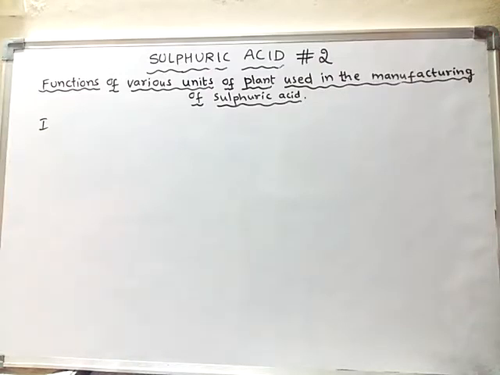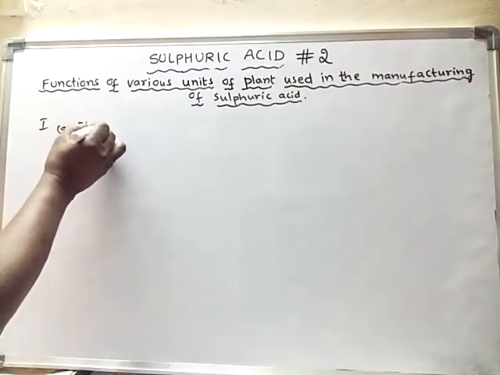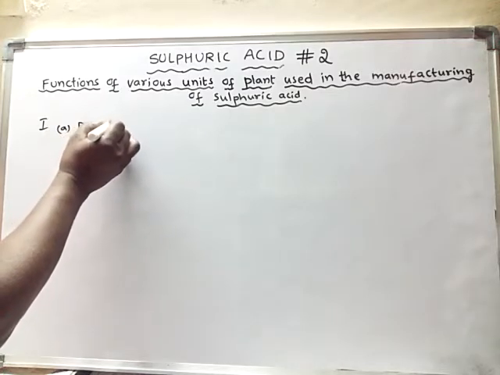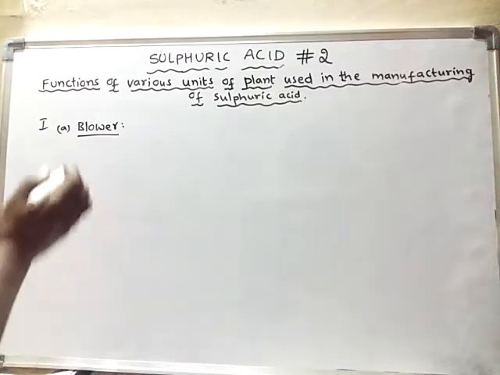The first one is the blower. What is the use of the blower? The blower will supply oxygen or air at a pressure of 2 atmosphere.